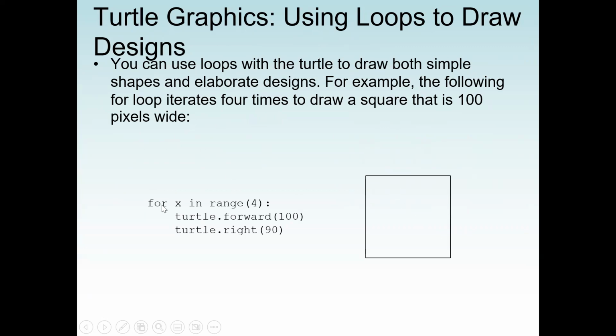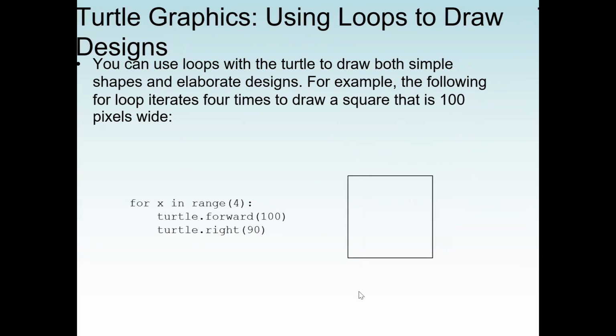So here we have for X in range 4. So we have 4 sides. The range gives us 4. Then we have turtle dot forward 100. Then turtle dot right 90, the angle.